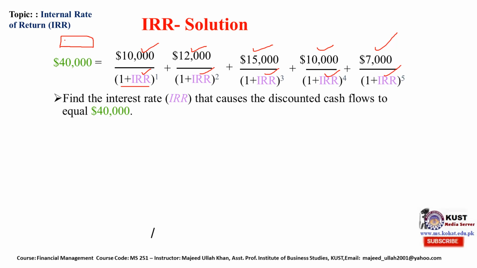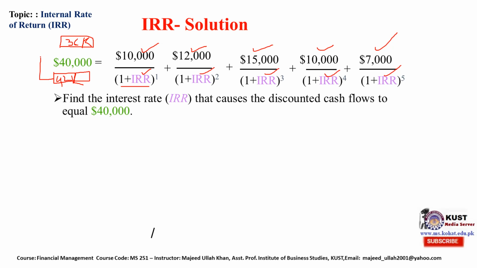Let's suppose 37,000, maybe $36,000, and there will be a rate which will give you cash flow maybe $42,000. So maybe it is very hard that you exactly guess that this discount rate will provide you a present value that will be exactly equal to 40,000.